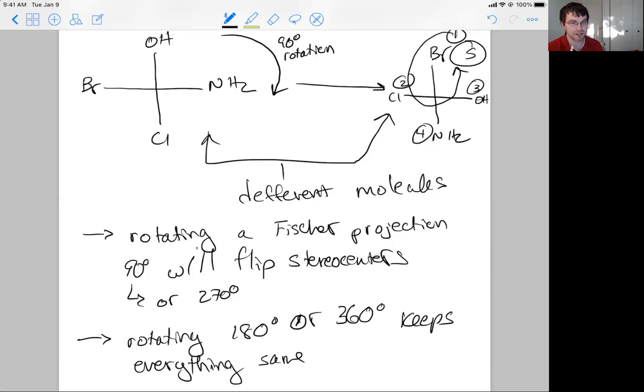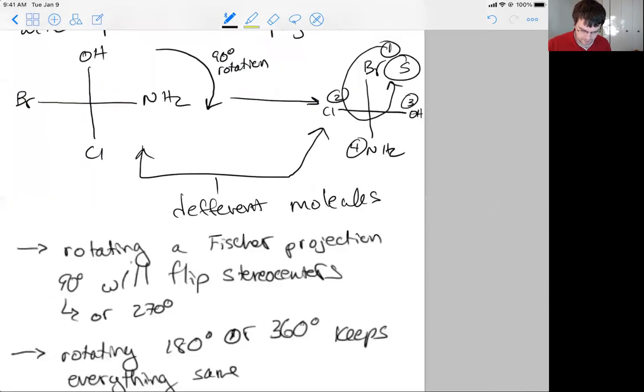So just knowing how to assign R and S at the stereocenters is going to allow you to use Fischer projections productively. The goal is not to visualize the Fischer projection as a bow tie structure, as a bond line structure. That's not the goal. The goal is to assign R and S on a Fischer projection, assign R and S in a bond line structure, and then compare the two. Okay, let's look at it this way.